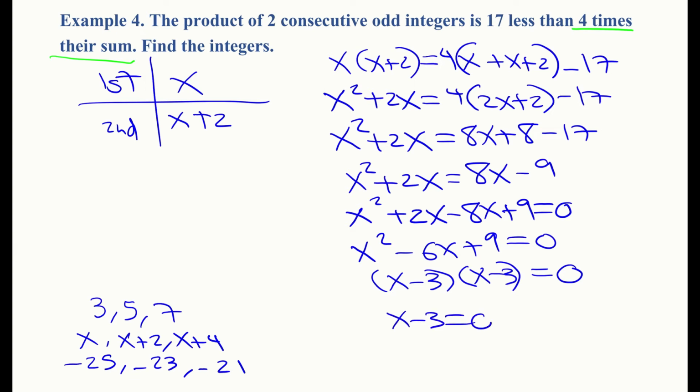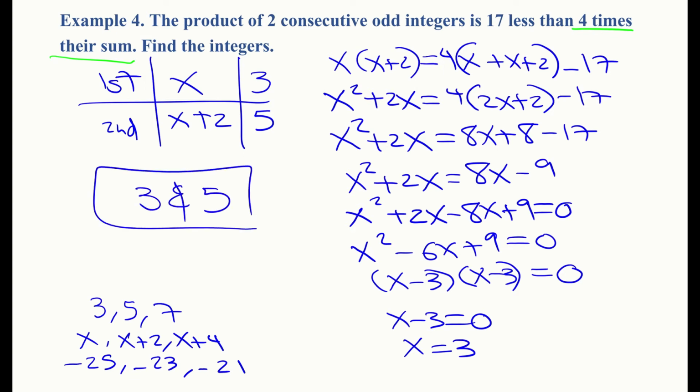Namely, x equals 3. If the first one is 3, the second number is 3 plus 2, which is 5. So as a solution, the numbers are 3 and 5. Those are the two consecutive odd integers whose product is 17 less than 4 times their sum.